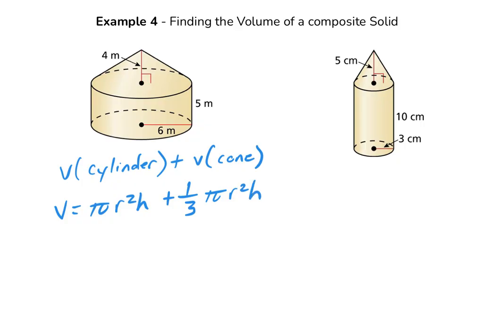The first and most important part of the whole problem is make sure you're using the right formula. If I don't use the right formula, then it doesn't do any good to plug some numbers into a formula that's not the correct formula. And we have two different formulas that we're using here. One's a cylinder, one's a cone. I'll keep reminding you, if you don't remember some of these formulas, the very back page of your packet is a formula page. It has everything from chapter 12 that we've done in there.